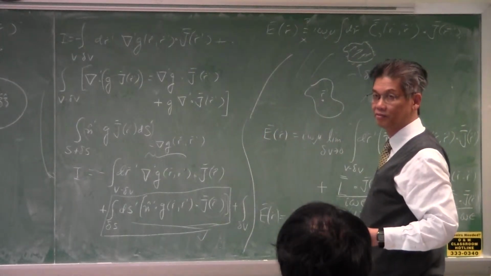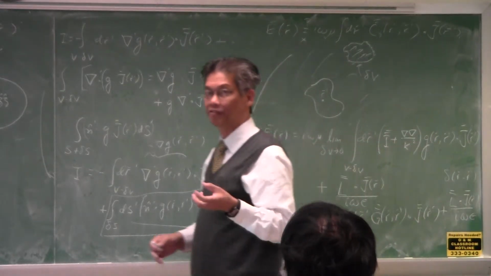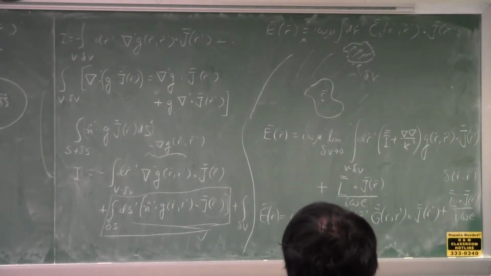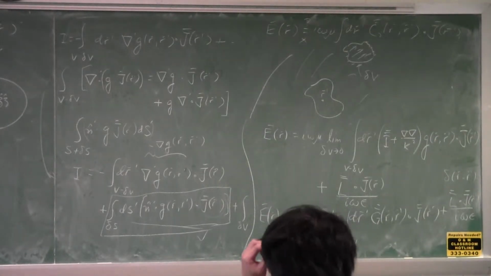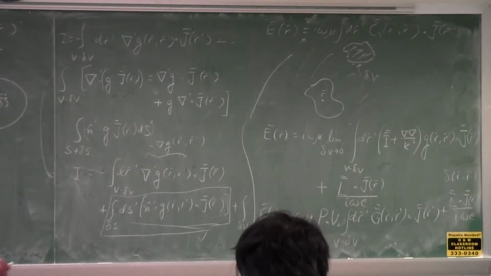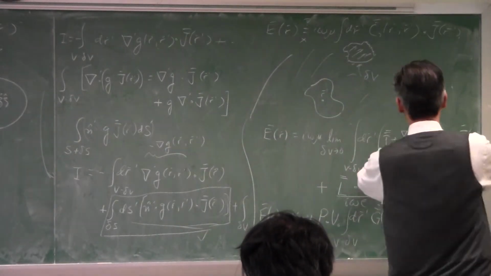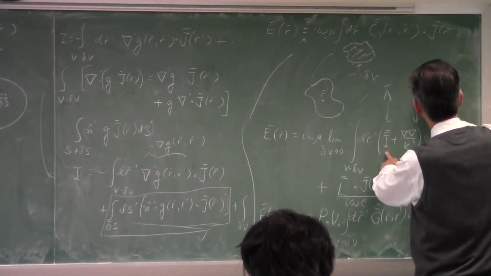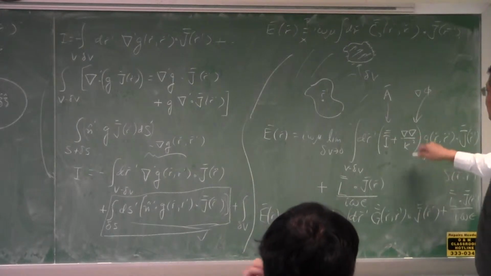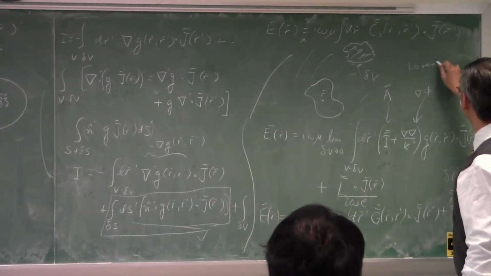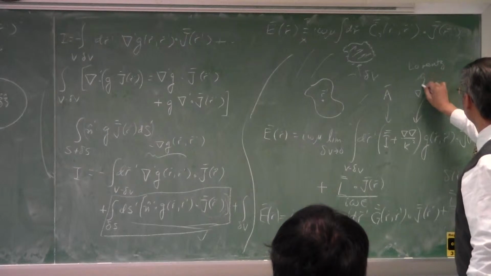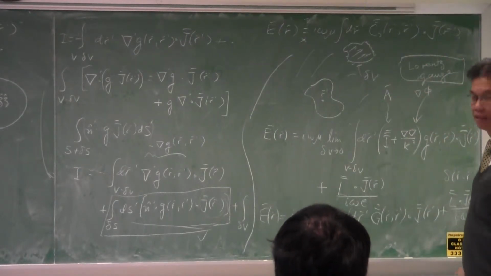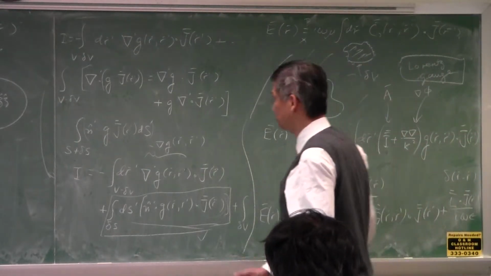A and phi will be defined differently, depending on what gauge you have. But the final form of the E is gauge independent. When we write E in this manner, we always say this is coming from A, and this is coming from gradient of phi. You can identify. The gauge that we use to arrive at this is called the Lorentz gauge. The final answer should be gauge independent.